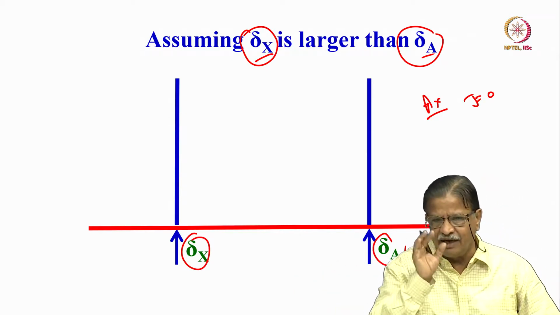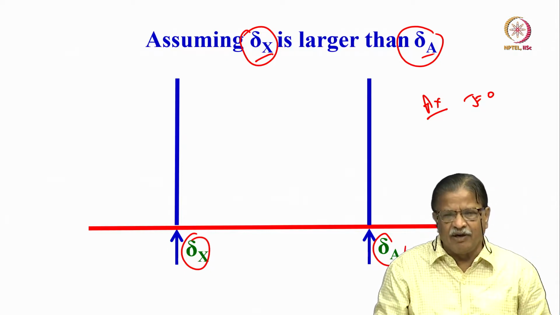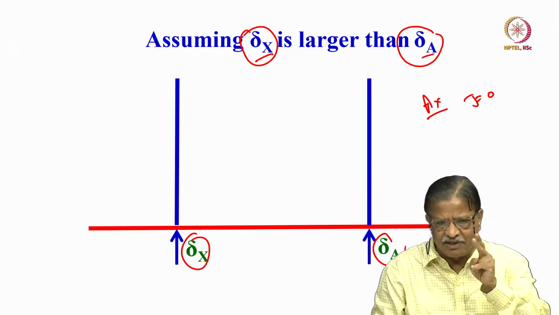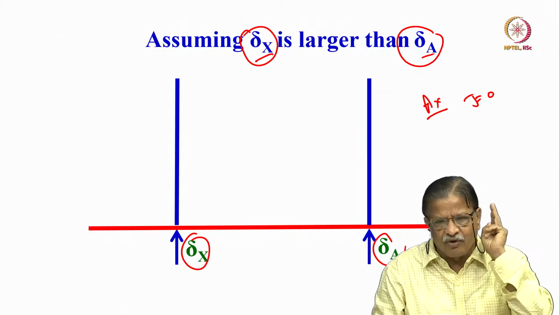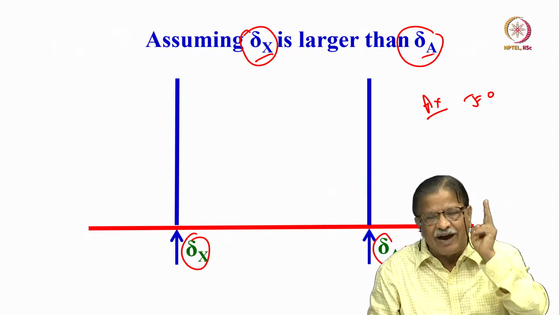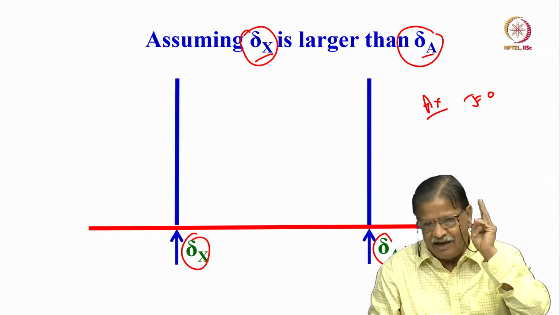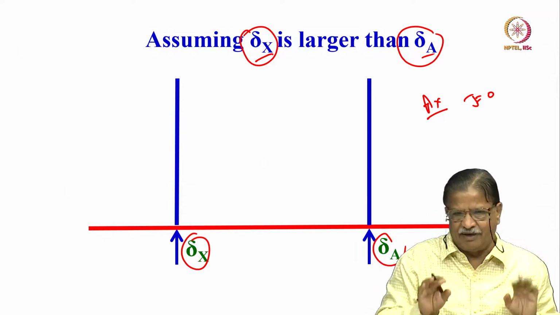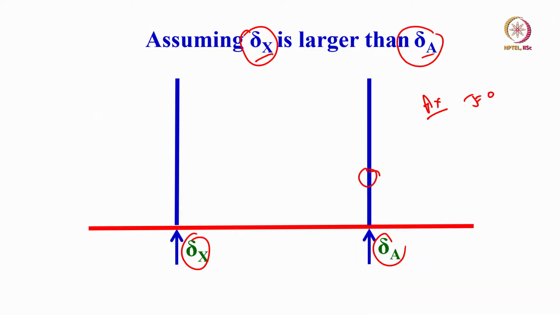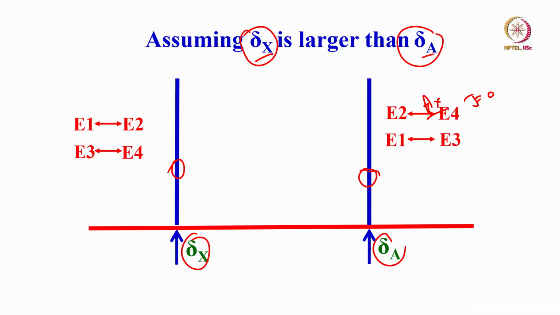As you have seen by quantum mechanical analysis for a 2 coupled spin system, when J is equal to 0 you get 2 peaks of identical intensities, well separated, and each of them has 2 frequencies overlapped. This is E1, E2, and this is E2, E4 and E1, E3. So this corresponds to X transitions, and this corresponds to A transitions.